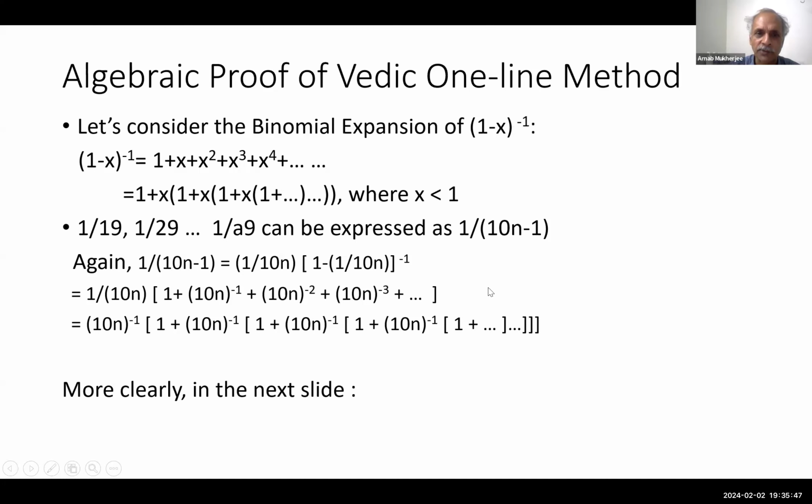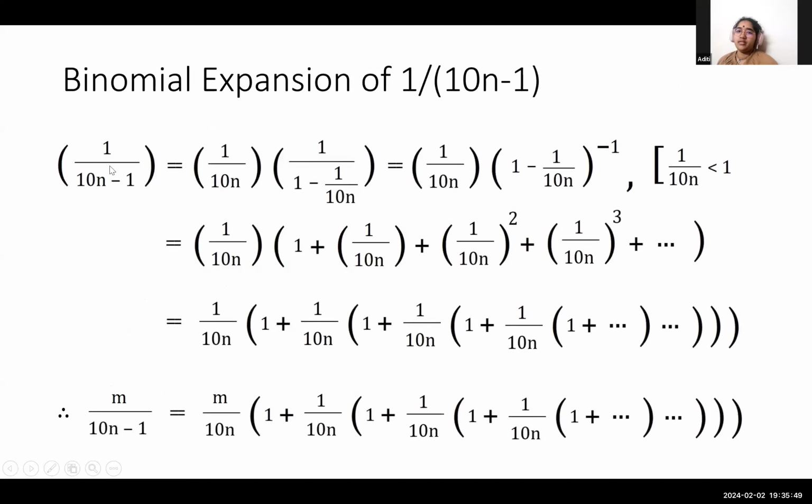More clearly, I have shown this in this slide. 1 by 10n minus 1, imagine it is 1 by 19. So it will be 1 by 20 into 1 by 1 minus 1 by 20, imagine n is 2. 1 by 20 is obviously less than 1, so it goes like that: 1 by 20 times 1 plus 1 by 20 plus 1 by 20 squared, cubed, and so on.